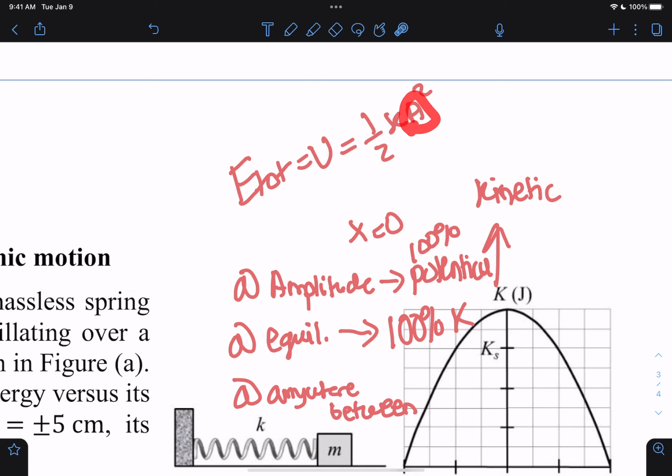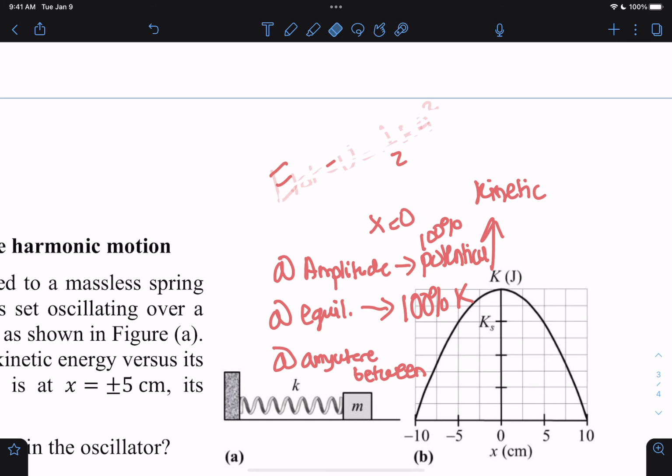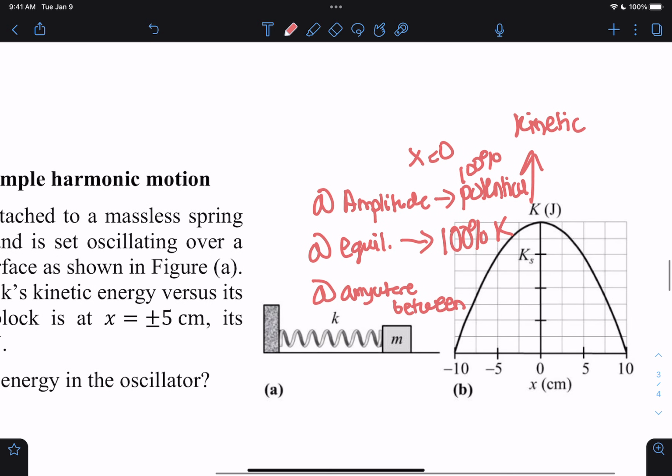At the amplitude, all of the energy is potential. So at your peaks on your graph, you would see everything as potential, no kinetic.